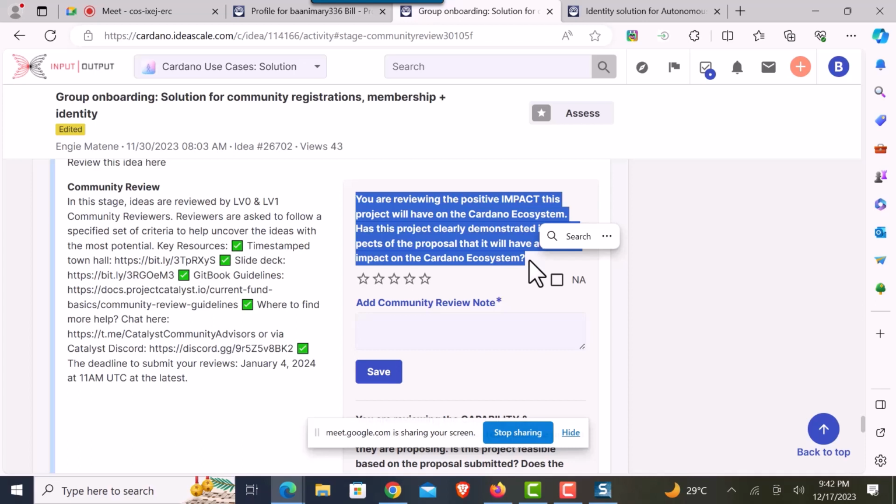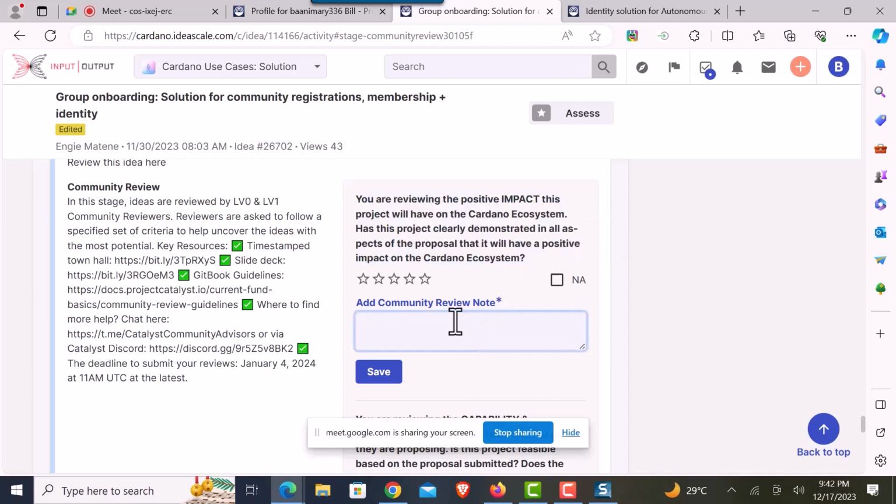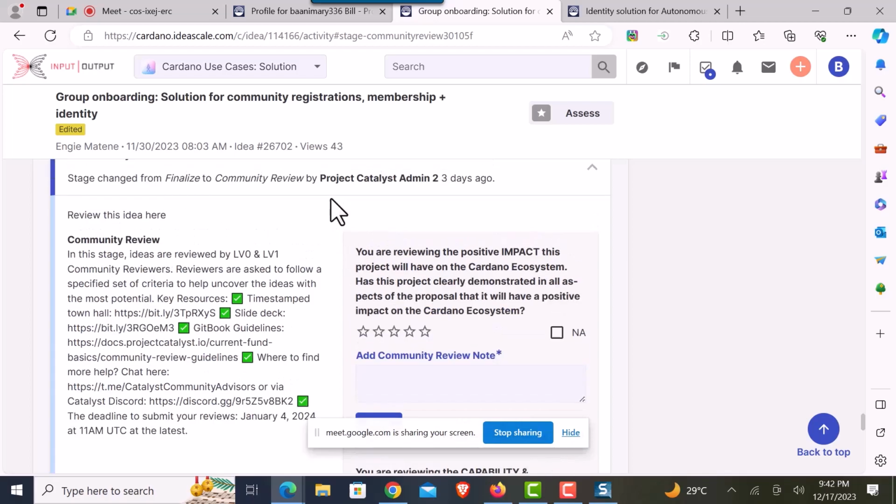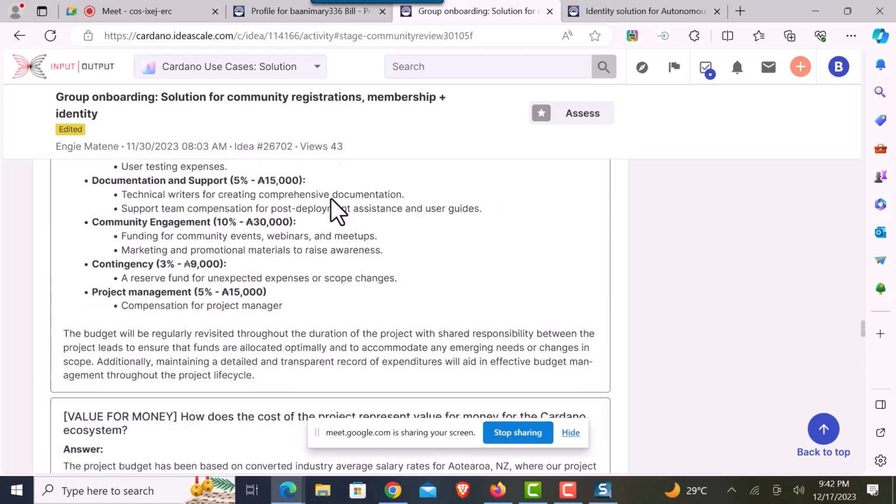So the issue you should be looking at under impact is whether the idea conveyed in the proposal, or the problem statement, is in alignment with the challenge setting or the provisions of the challenge. Let me go back to how I normally do it.